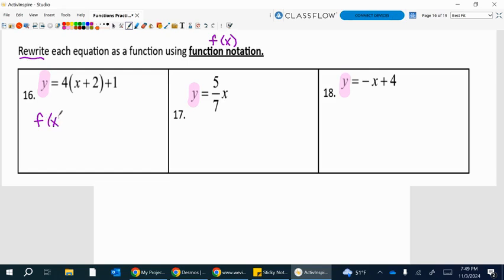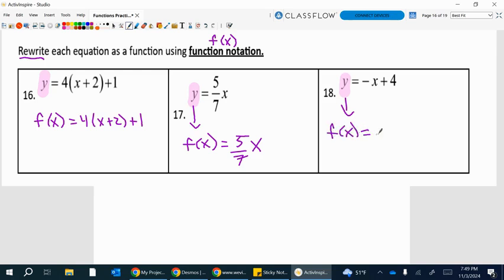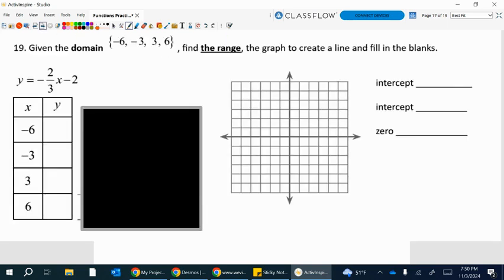So this is f of x equals, and then I copy the rest of the equation. This one I change the y to f of x equals 5 over 7x. This one I change to f of x equals negative x plus 4. That is the only part that you're changing. So if you ever see f of x, don't get confused. It's the same thing as y.